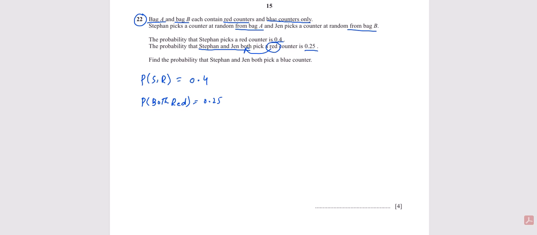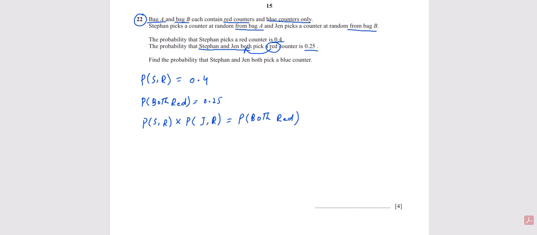So we use the formula: probability of Stephen picking a red counter multiplied by the probability of Jen picking a red counter is equal to the probability of both picking red.